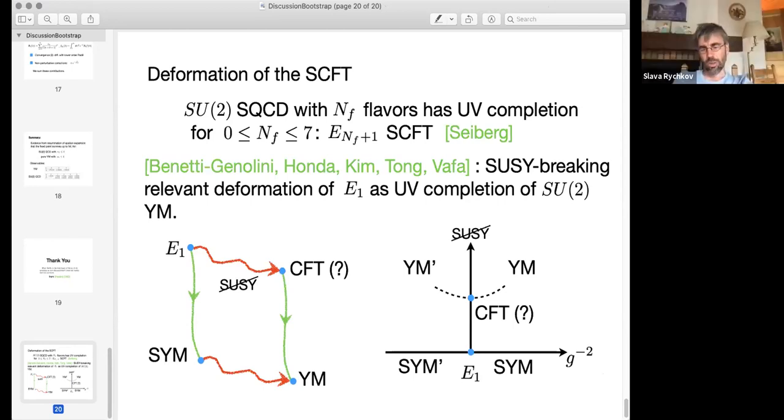So what Leonardo is suggesting is that, for example, Lorenzo and Fabiano do a computation for this monopole, for this instanton operator, and they give some dimension x.